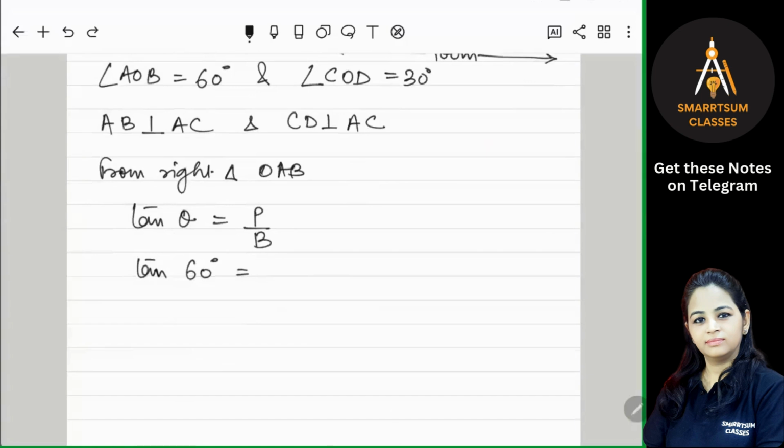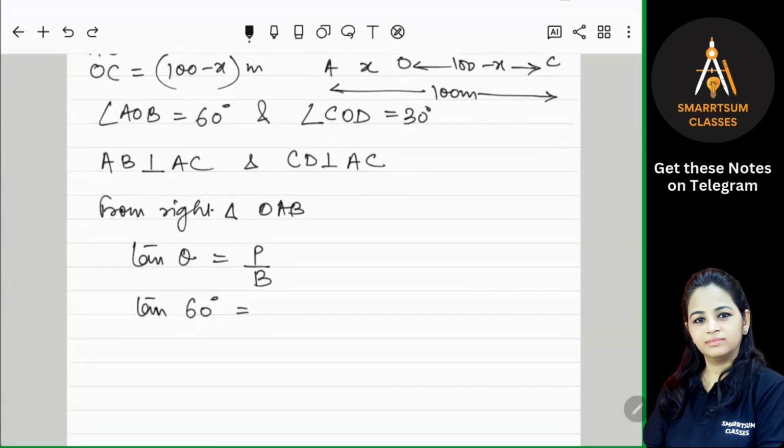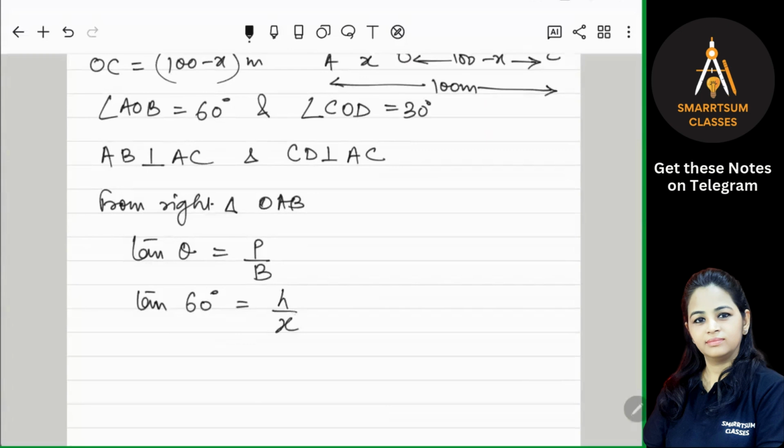So H upon x. The value of tan 60 degrees is root 3. Root 3 is H upon x, so H is equal to root 3x. Suppose this is equation number 1. So we have found H in the form of x.